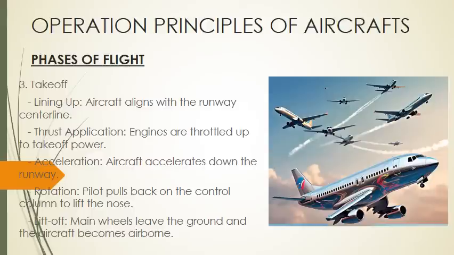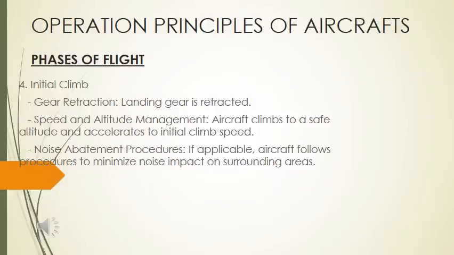So these five things here are very, very important: the lining up, the thrust application, acceleration, rotation, and lift off. Number 4, initial climb. There are three things here also: gear retraction, speed and altitude management, and noise abatement procedures. The first, gear retraction: the landing gear is retracted.